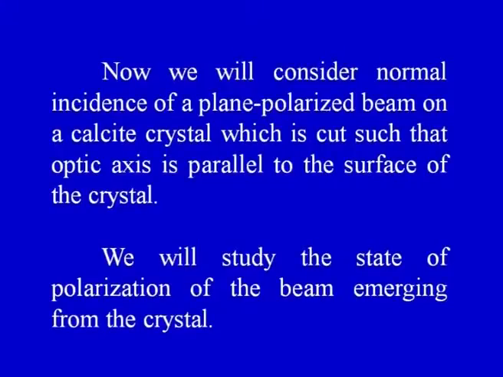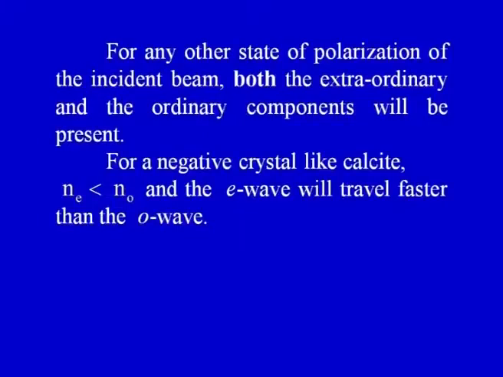Now, we will consider normal incidence of a plane polarized beam on a calcite crystal, which is cut such that the optic axis is parallel to the surface of the crystal. The propagation here is perpendicular to the optic axis. We will study the state of polarization of the beam emerging from the crystal.